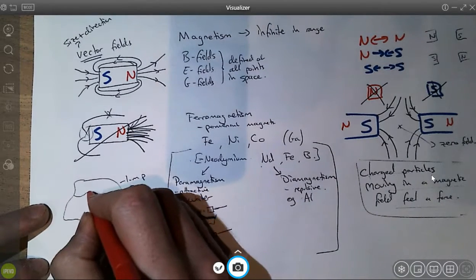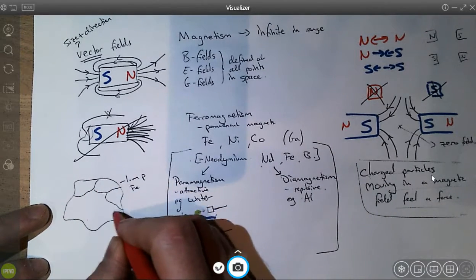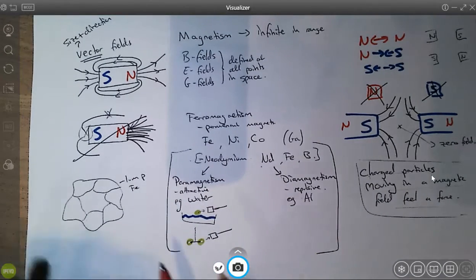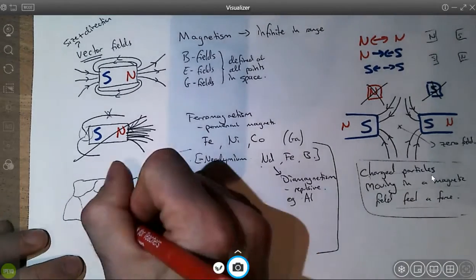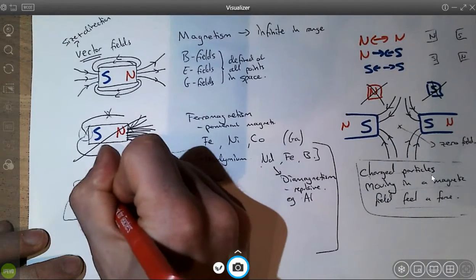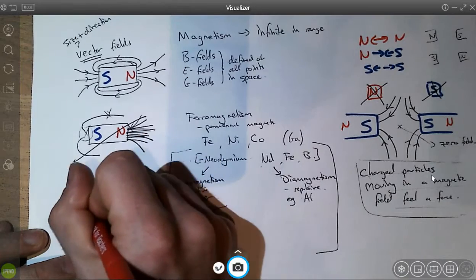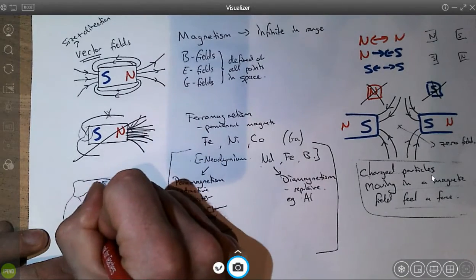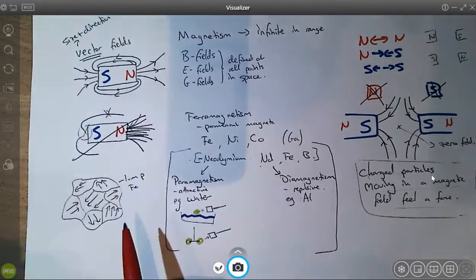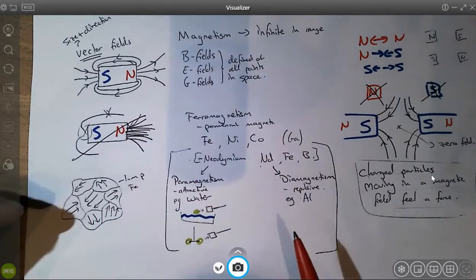Well, if you look at the iron in detail under a microscope, you basically see that there's these domains, and in these domains, there are mini magnets that are pointing in random directions. Now, because in the average lump of iron these arrows are pointing in every single direction, overall they cancel out and there is no magnetic field.